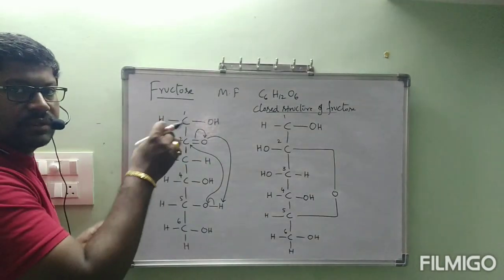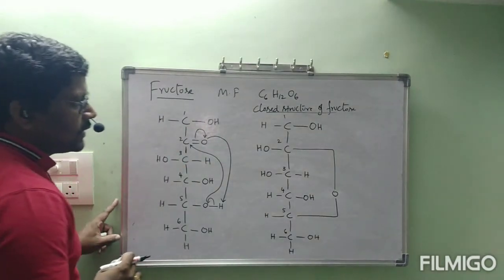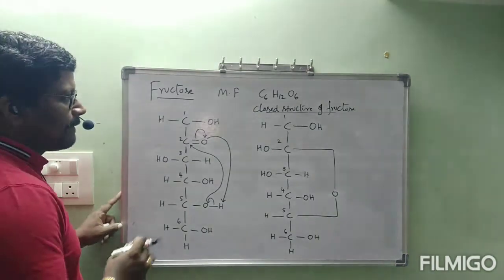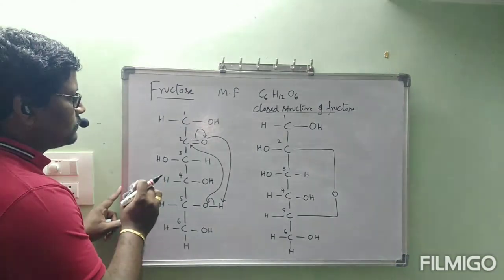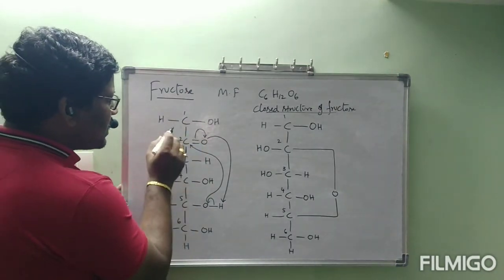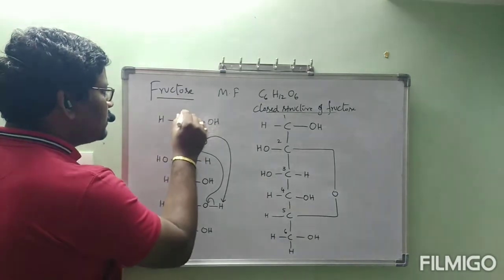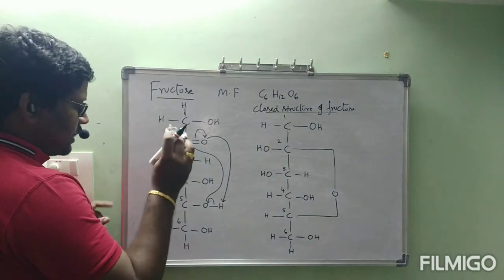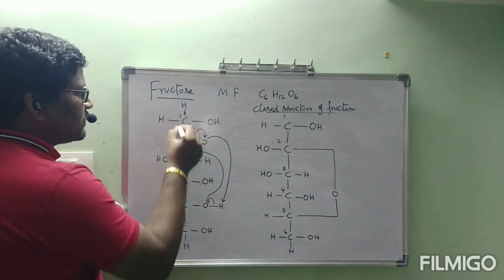Now I am going to rub this one. Actually here first carbon 1, 2, 3, 3 bonds are only there, H will be there. So we are writing, this is first.